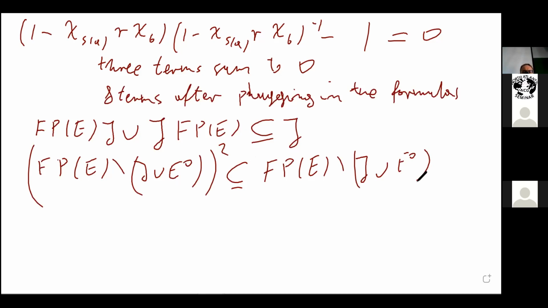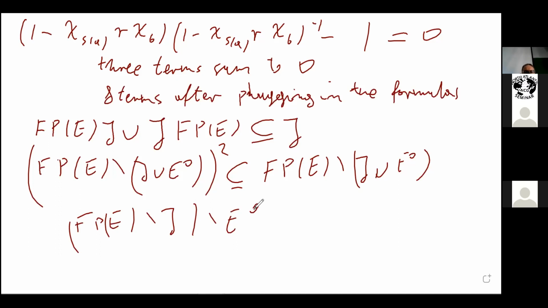All right, but you see, this is not the problem, because on the right hand side, if you would like to get a vertex, it would come only out of multiplication of vertices. So if out of the set FPE less J, I also remove vertices, then when I square this set, obviously there is no way I can get vertices. Okay.